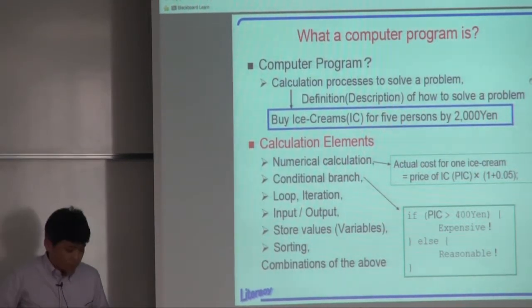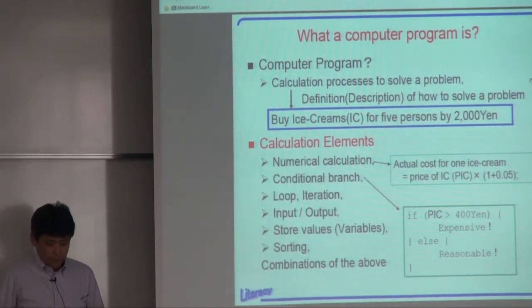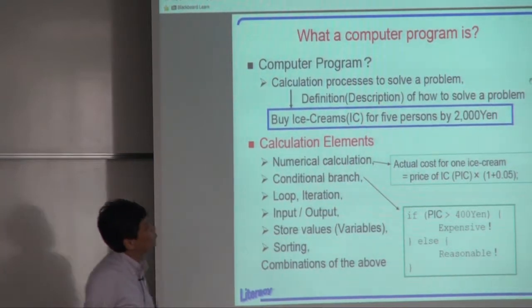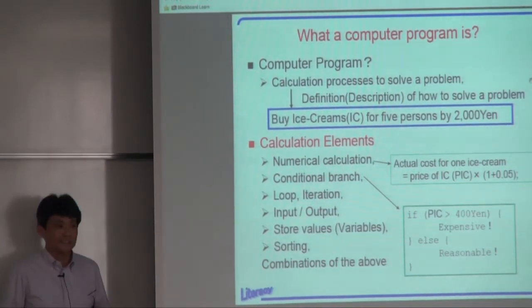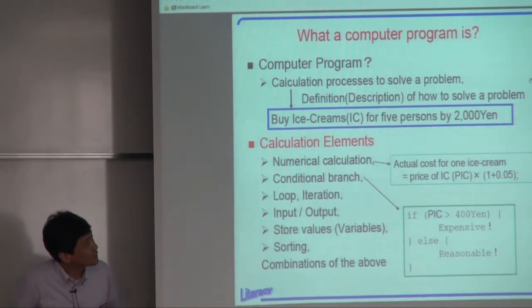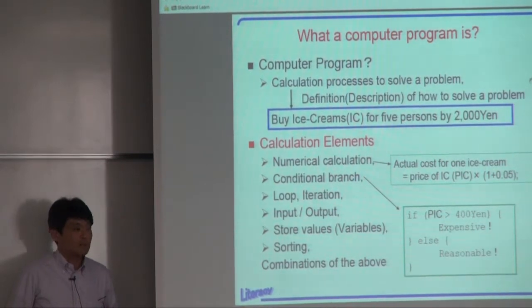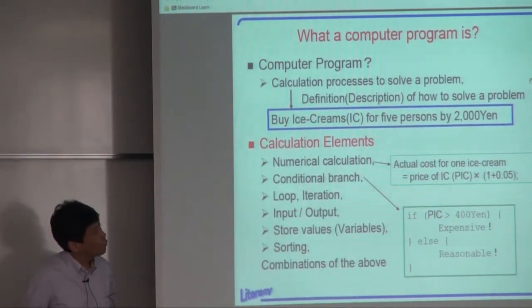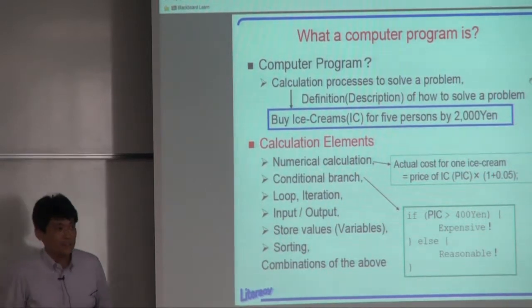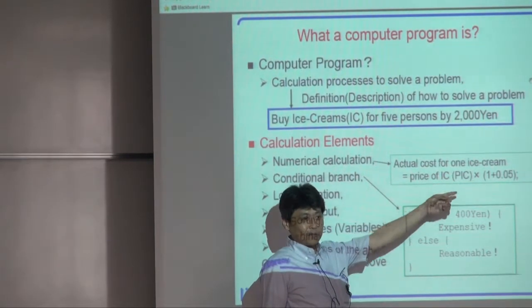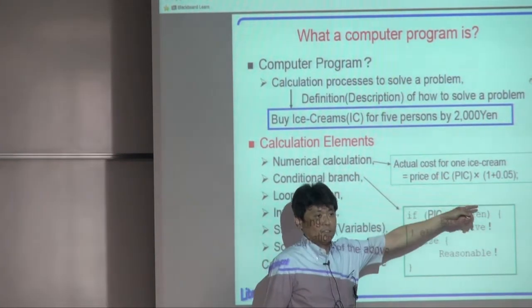As I already explained, for example, suppose you want to buy ice cream for 5 persons with 2,000 yen, but the price of one ice cream should be less than 400 yen. First, you have to calculate the actual cost of one ice cream, because usually it includes tax.